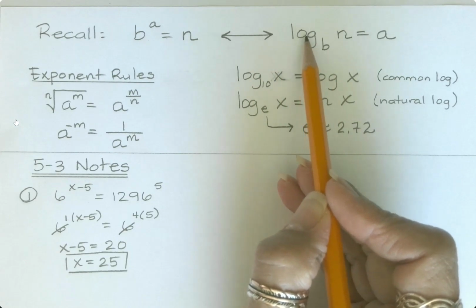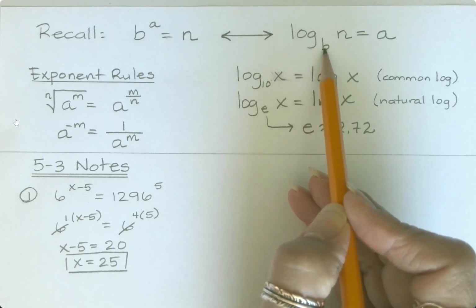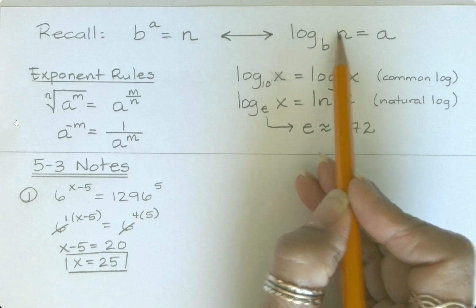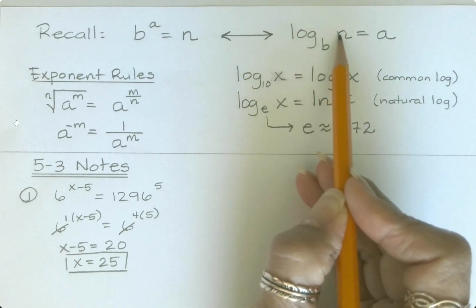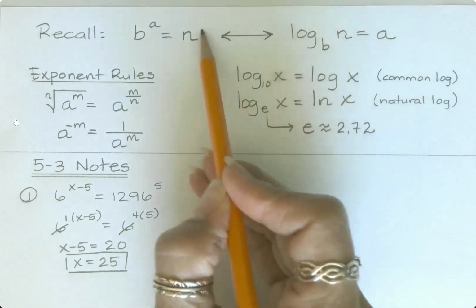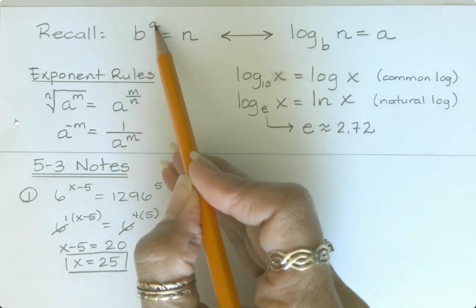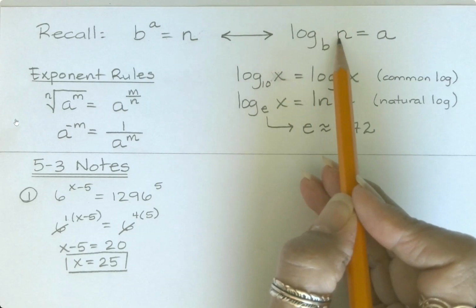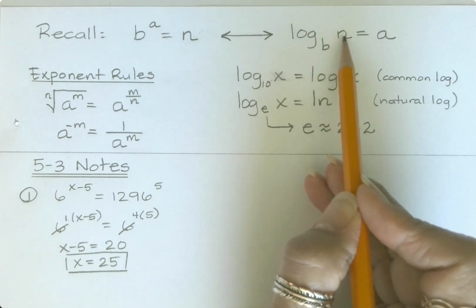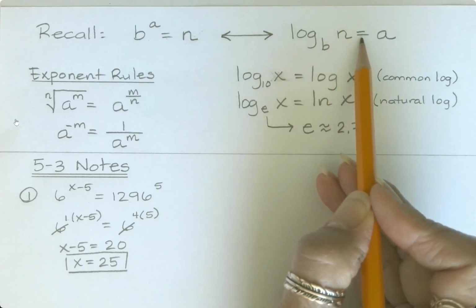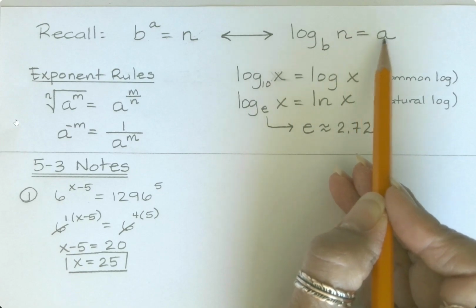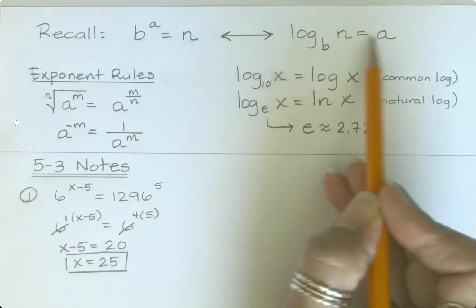So you would write log, whatever that base value is, and then at the same level of log, you're going to write the output value. The output value is whatever your answer was when you took the base and raised it to an exponent. That number will go here, or that term will go here, and a logarithm is always going to equal your exponent, okay? They are equivalent.